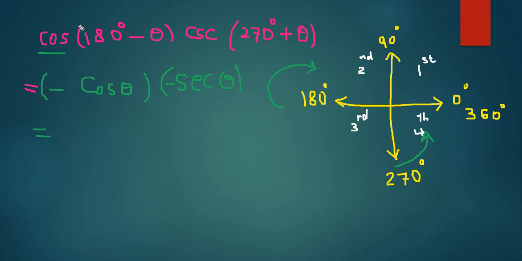Again, 180 minus theta is in the second quadrant. Cosine in the second quadrant is negative. Therefore, it gives me negative cosine theta.